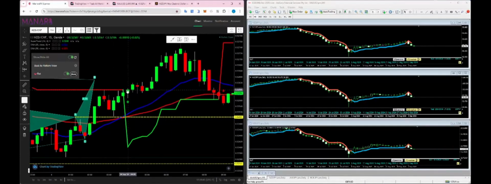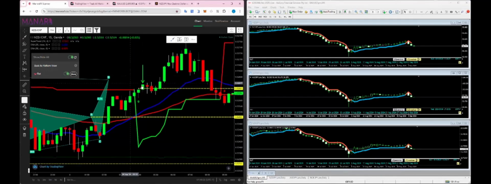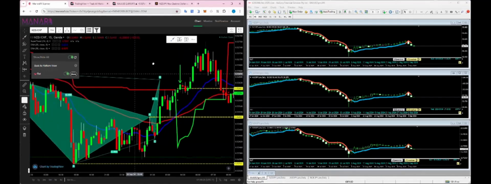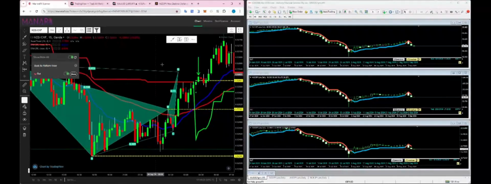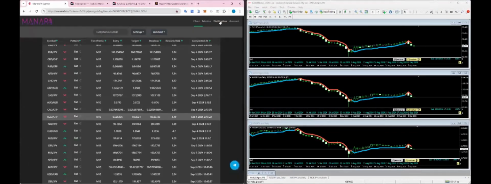What I look for is a confirmation. I put a horizontal line on the high price of the candle, and then I wait for another candle to close above. Immediately the next candle closed above. So this candle right here is confirming the trend change. That's why when that happens, this setup is canceled. I don't care about it anymore. And then I go and look for another one.